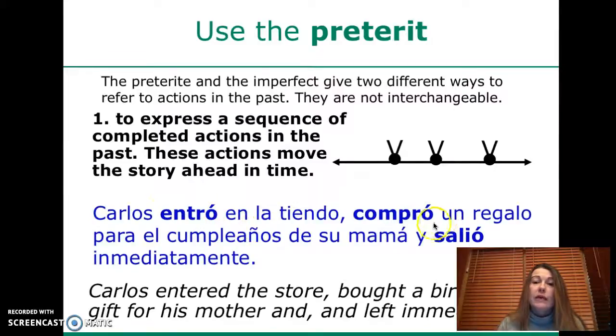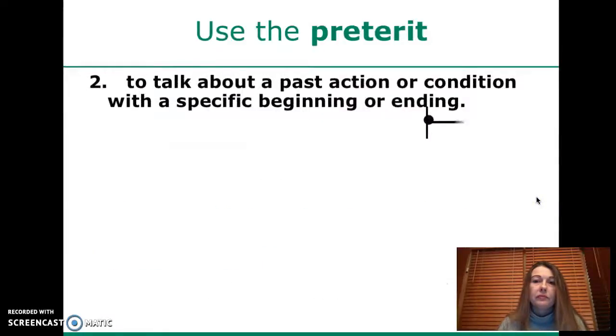He entered the store. He bought a gift, and then he left immediately. So those are our actions. And remember as well, even though there's just three actions here, that can kind of continue. There can be more than three, or there may only be two. So just think of this as completed actions that move the story along.